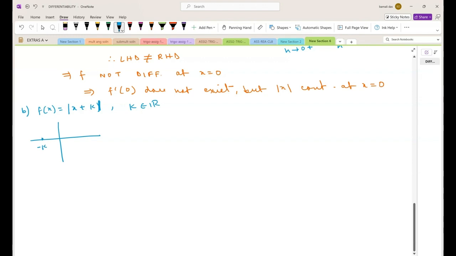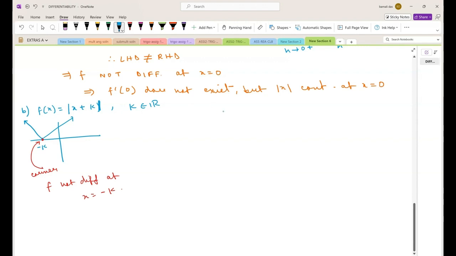So in that case, the function is like this. So the point where the derivative won't exist is here. This is the corner. For such a function, f is not differentiable at x equal to minus k.